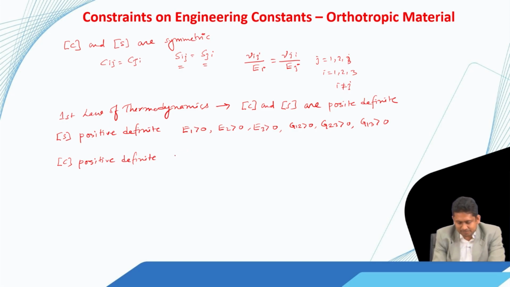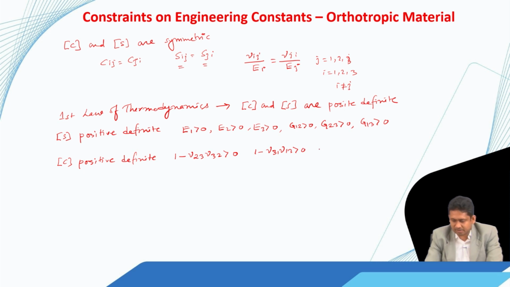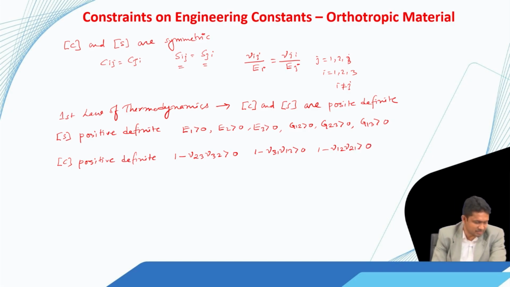So, from the positive definiteness of the C matrix, we can write that 1 minus nu23 nu32 should be greater than 0, and similarly 1 minus nu31 nu13 should be greater than 0, and likewise 1 minus nu12 nu21 should be greater than 0.